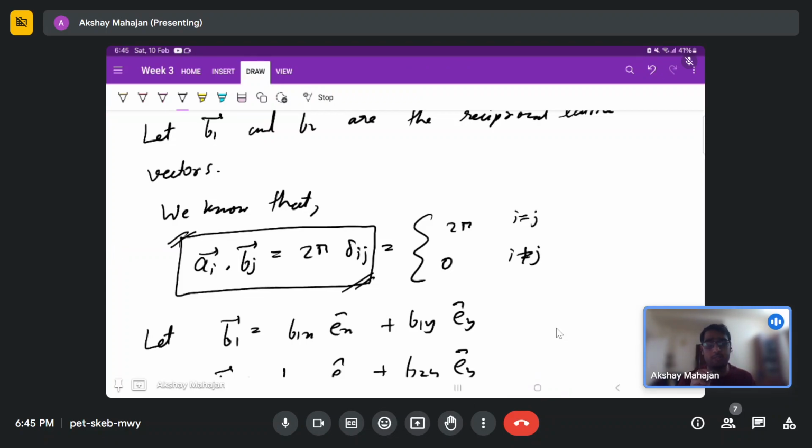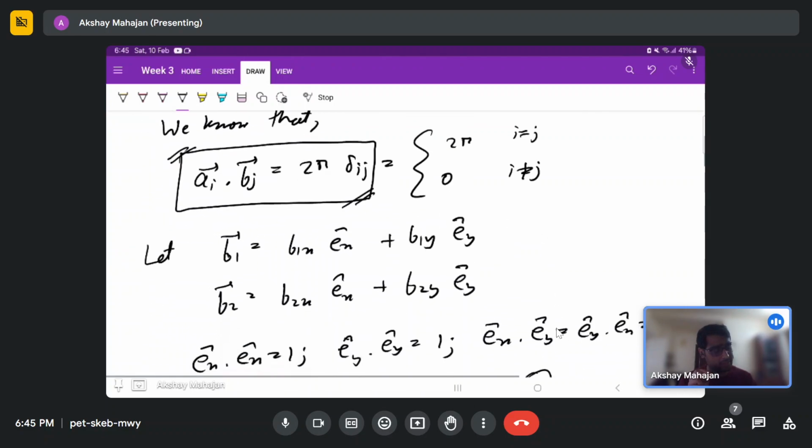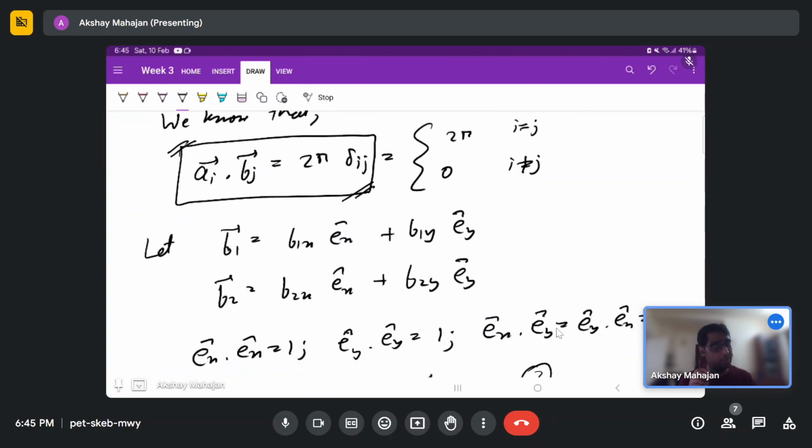So if you are given some primitive lattice vectors, even if you don't know the formula for the reciprocal lattice vector in terms of primitive lattice vectors, you can just use this main relation, ai dot bj equals 2 pi times delta ij, and assume whatever your reciprocal lattice vector is, let's say b1x, b1y, and if it is in 3 dimensions, there will be a third component as well.